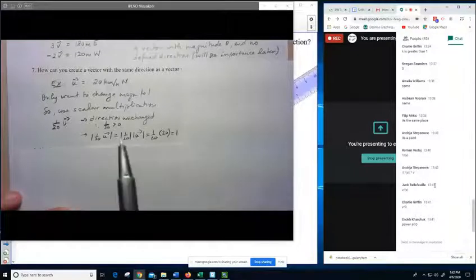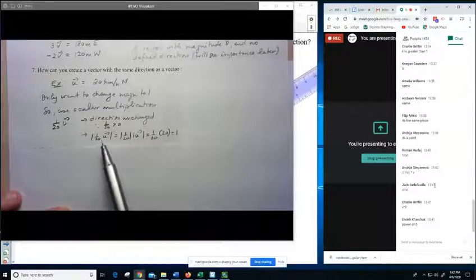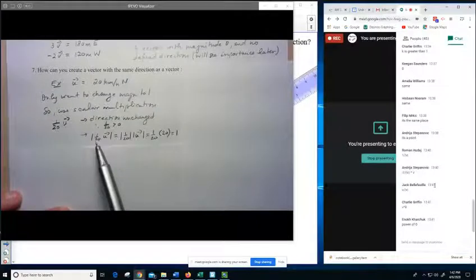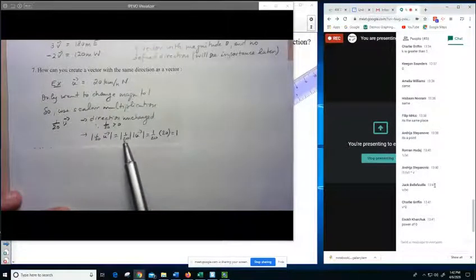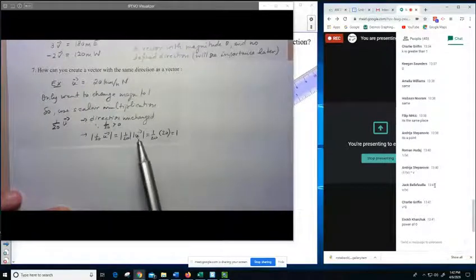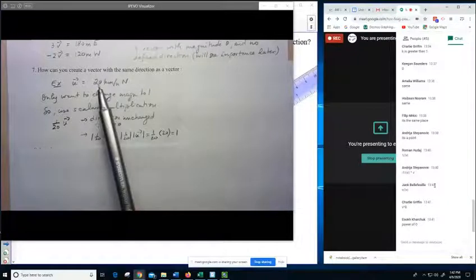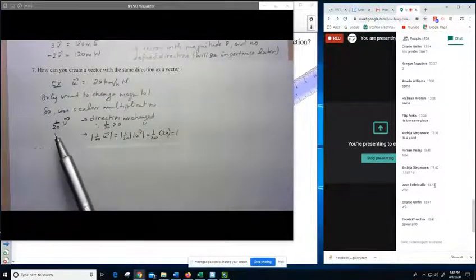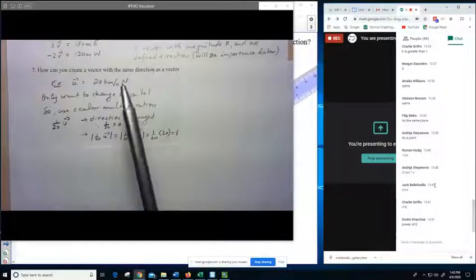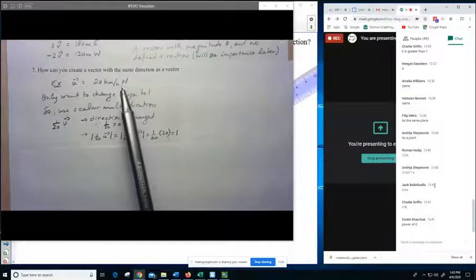Remember how we defined the magnitude of a scalar multiple of a vector: it's the absolute value of the scalar multiple times the magnitude of the vector itself. If I take this vector with magnitude 20 and multiply it by 1 over 20, that is positive, so it won't give us the opposite, meaning it's going to give us a vector in the same direction.